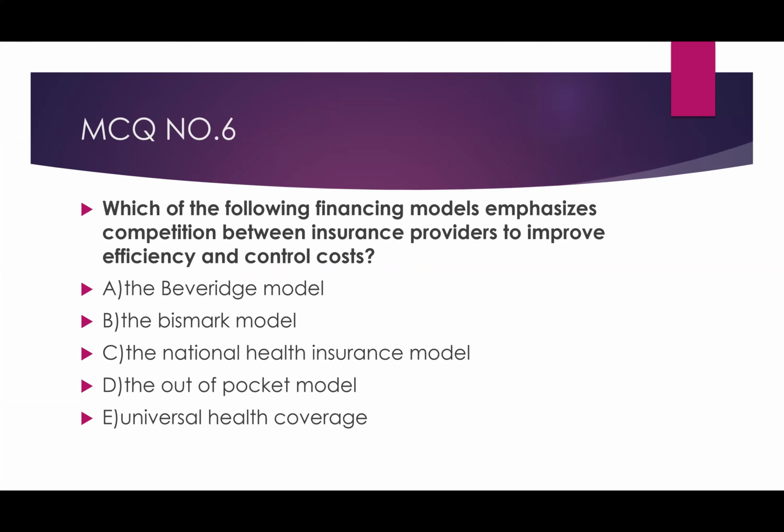Yes, ma'am. Basically, financing models, as I have tried to explain in the very first slide, are basically four types of models so far in all of the world, among the around 200 countries on our planet. They were the Beveridge model, the Bismarck, the National Health Insurance, and the out-of-pocket model.